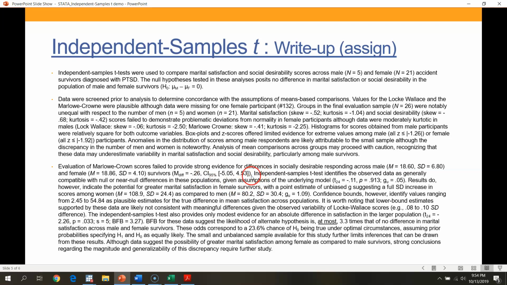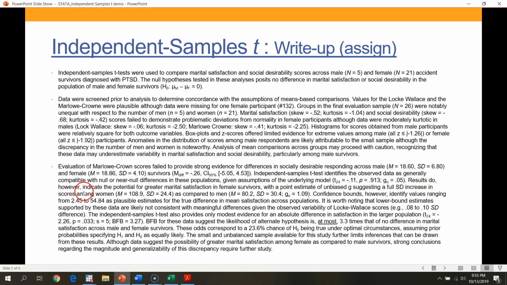Here, we say, Marlowe-Crown scores failed to provide strong evidence for differences in social desirability responding across male and female survivors. We're giving our difference and our confidence intervals here, saying the independent sample t-test identifies observed data as generally compatible with near null differences, given our assumptions of the underlying model.